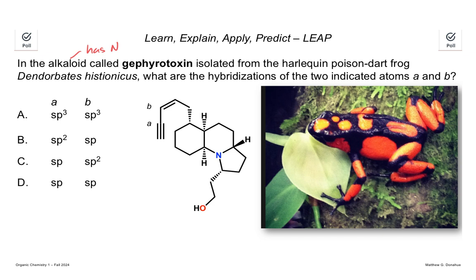When I say naturally occurring, something in nature is making it, so they're called natural products. AZT is a synthetic compound. It's not a natural product. Gifratoxin is isolated from the harlequin poison dart frog. Any biochem majors can read that name for me. What are the hybridizations of atoms A and B?